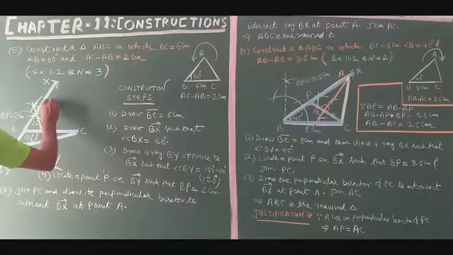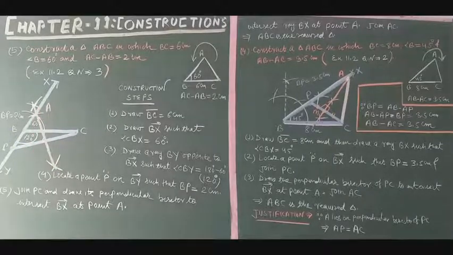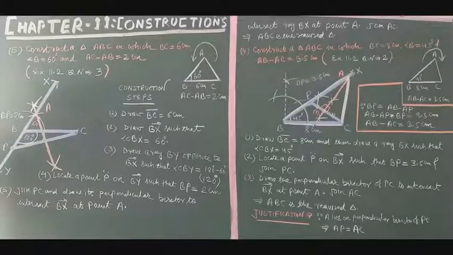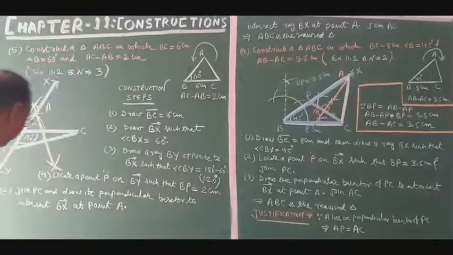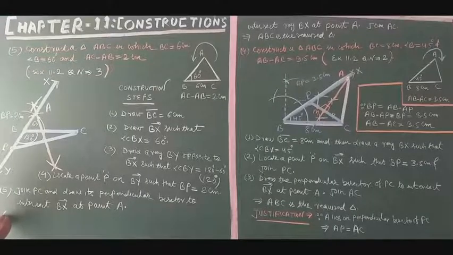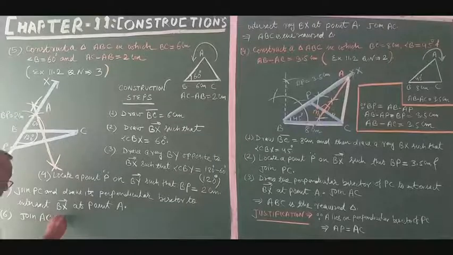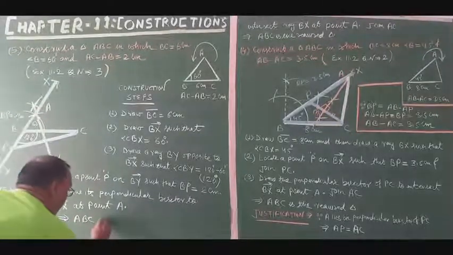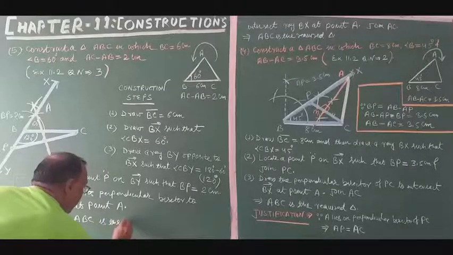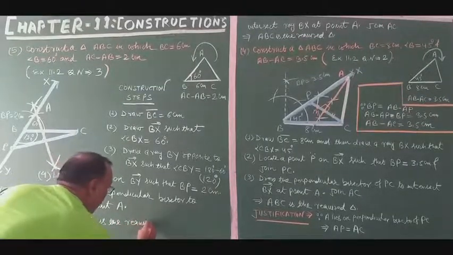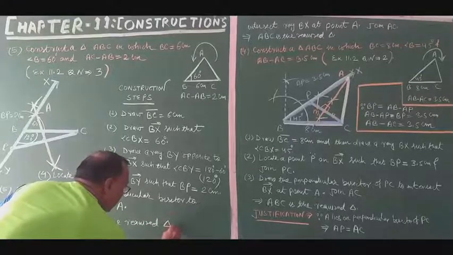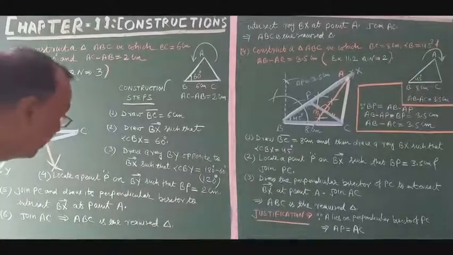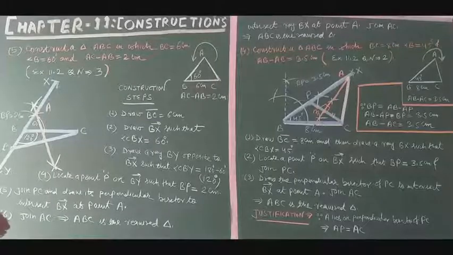At point A. Finally, we will join AC. Join AC, and ABC is the required triangle.